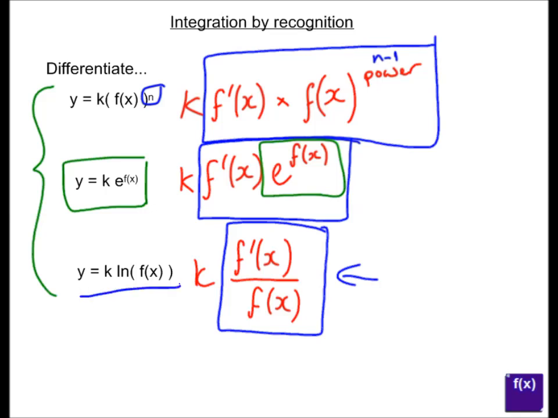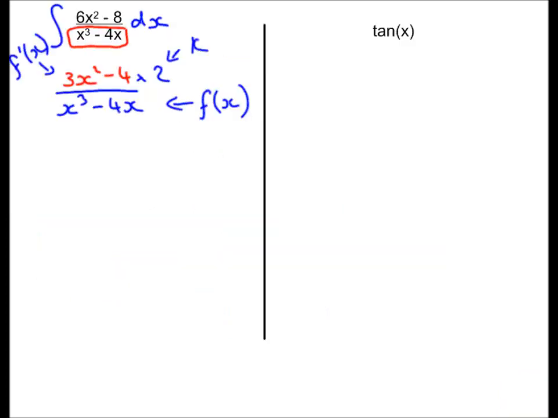So I know that to begin with, I need ln of f of x. So in my thought bubble, I'm going to say, what happens if I start by doing the natural log of x cubed minus 4x?